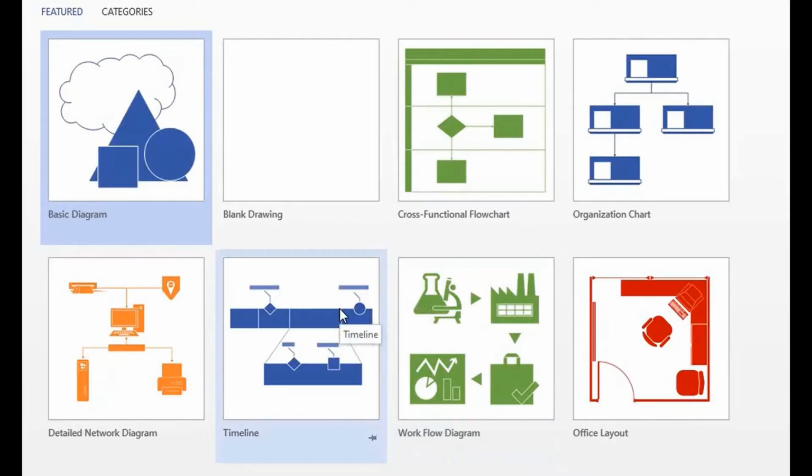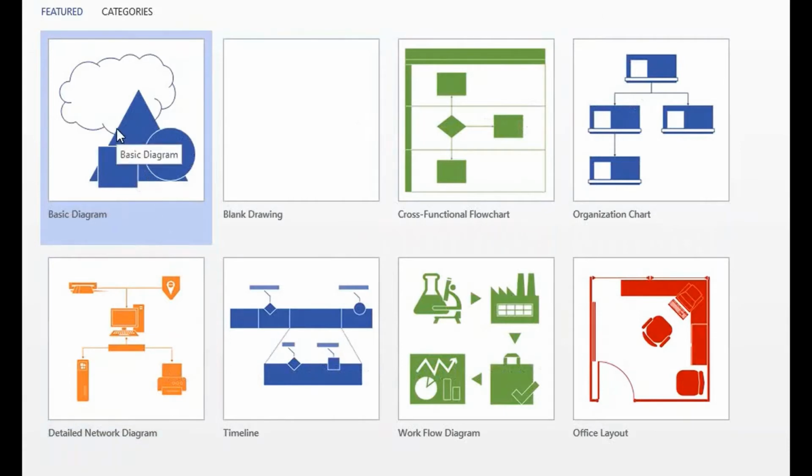We'll be looking at how to create a basic flowchart diagram using Microsoft Visio, and the application I have is Microsoft Visio 2013. When you open the application, you are given these templates from which you can choose the best one dependent on the chart that you are seeking to create.